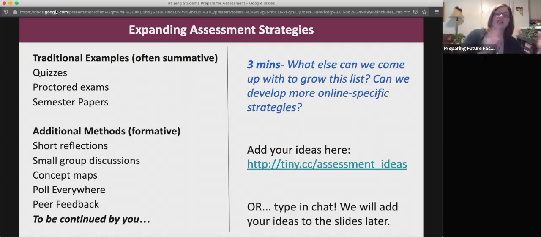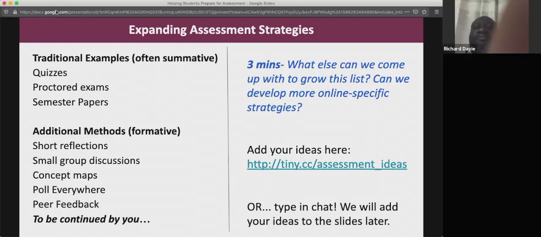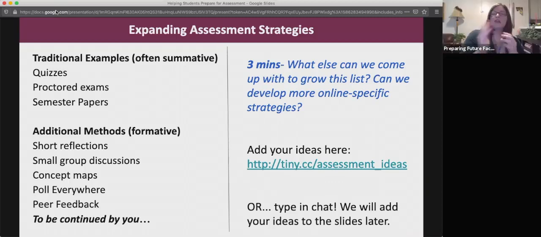And I'll add these to the slides after this. I want to draw on your ideas. What are some formative assessments that we could use to add to this list? So feel free to take a few seconds and add them to the Google Doc if you like, or you can type them in chat. But try to come up with one.